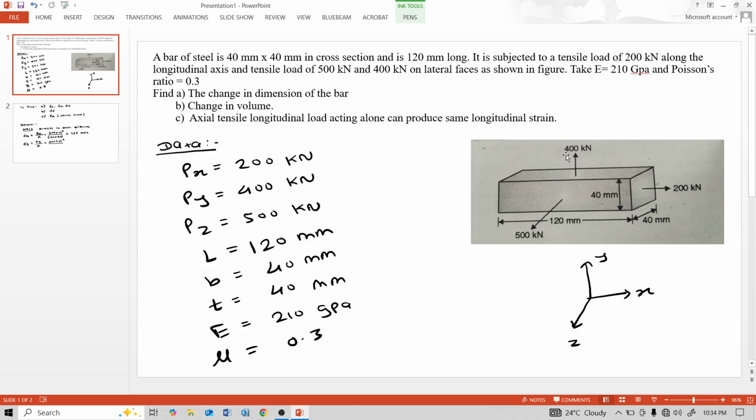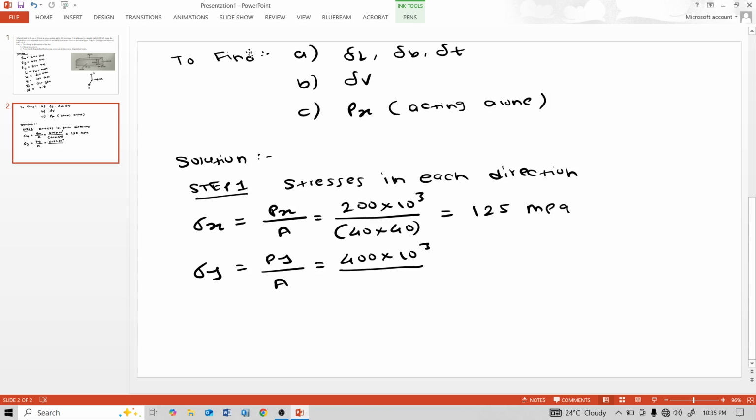This 400 kilonewton load acts on the 120 mm length and 40 mm breadth, so area is 120 into 40. 400 into 10 raised to 3 divided by 120 into 40 gives 83.34 MPa.